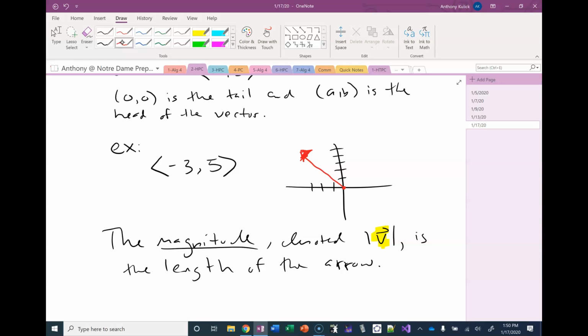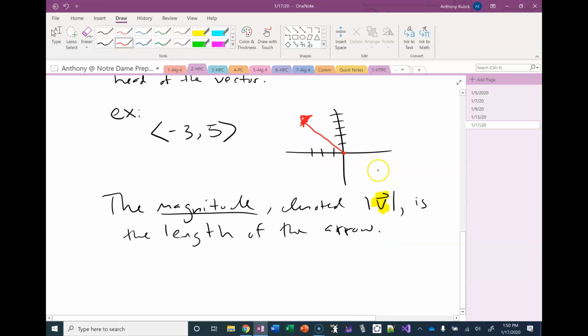When I use a variable to represent a vector quantity, I'm going to put that little vector hat on top of it to differentiate a variable that's a scalar quantity that's just like a number versus a variable that's a vector quantity that has a magnitude and a direction associated with it. So v, that's a scalar, that's just like a regular variable. v with the little hat on it is a vector quantity that has a magnitude and a direction to it. So that's just a little piece of notation there.